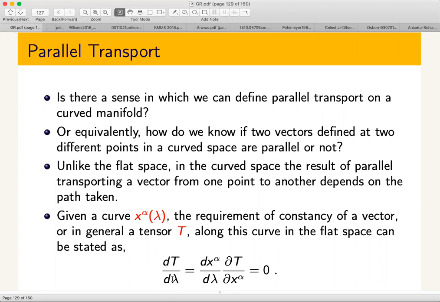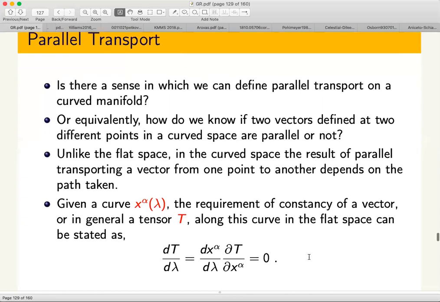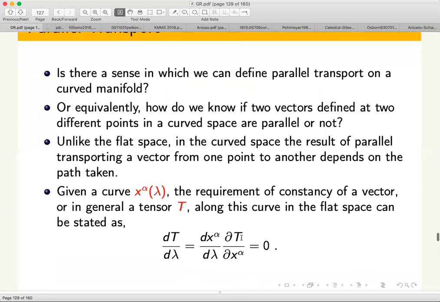And that is given by dT by d lambda, which by using the chain rule you can write in terms of dx by d lambda times the partial derivative of T. And you say that a tensor is parallelly transported if it is held constant all along the process, and that would mean that dT by d lambda should be 0.